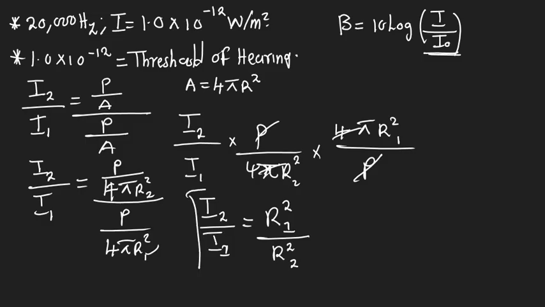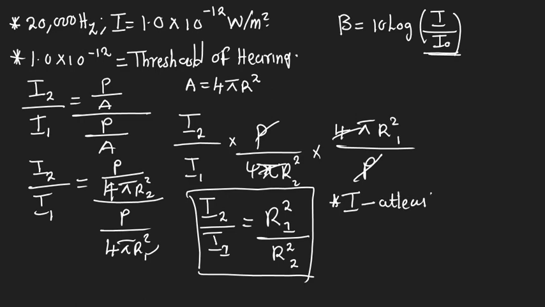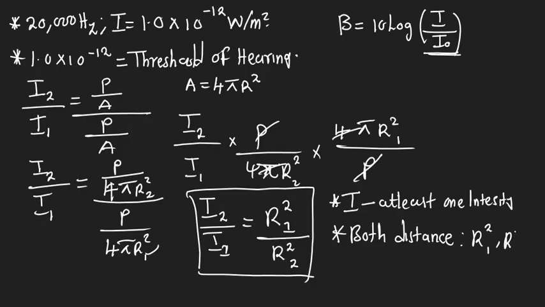This formula, take note of this formula. It's very important. When do you use this formula? You use this formula if you are given at least one intensity, then you are also given both distances, I mean r squared 1, r squared 2.